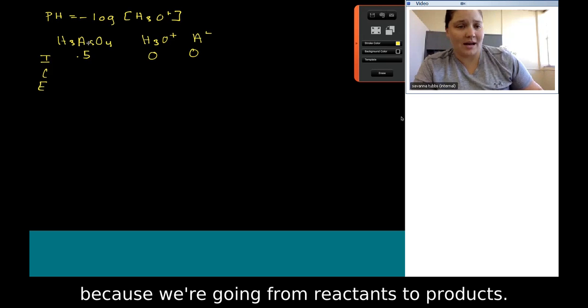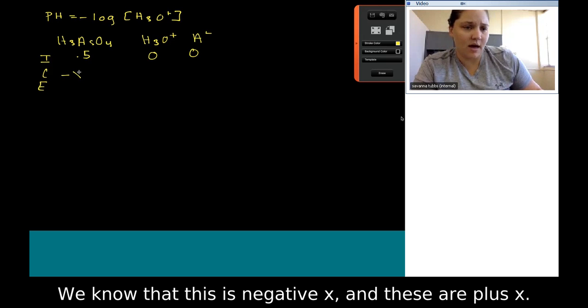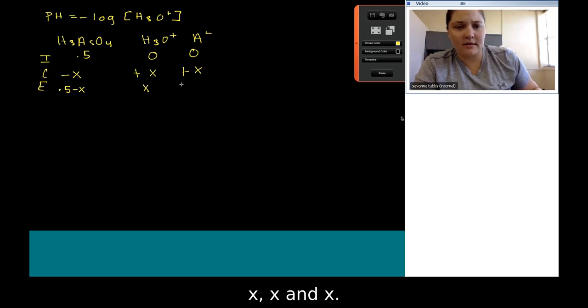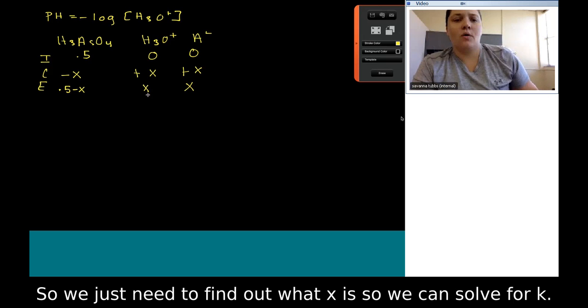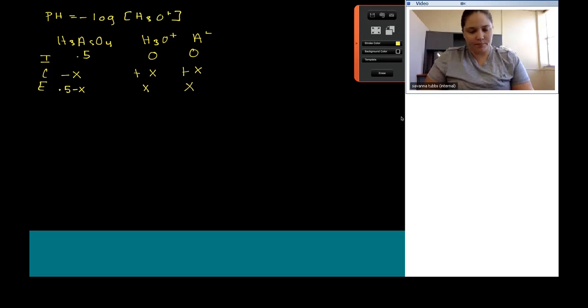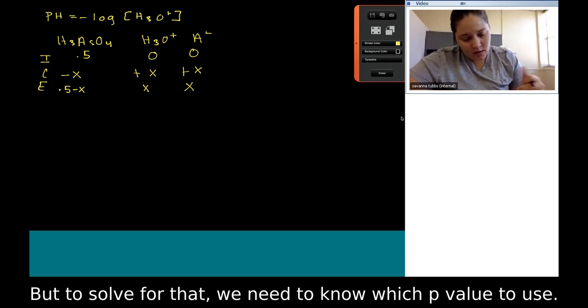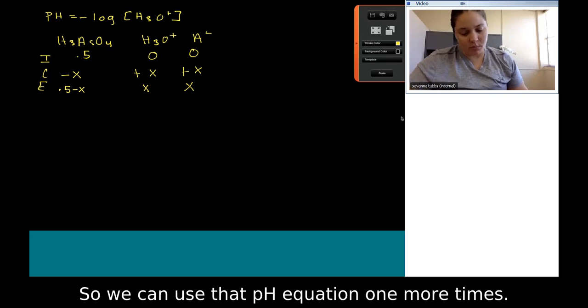Because we're going from reactants to products, we know that this is negative X and these are plus X. And then we bring everything down for our E. So 0.5 minus X, X, and X. So we need to find out what X is, so we can solve for K. But to solve for that, we need to know which K value to use. So we can use that pH equation one more time.